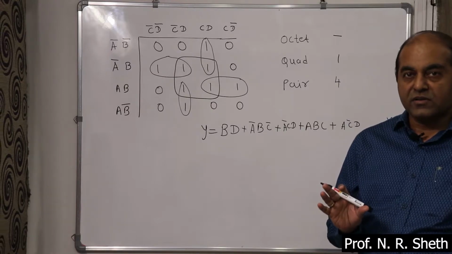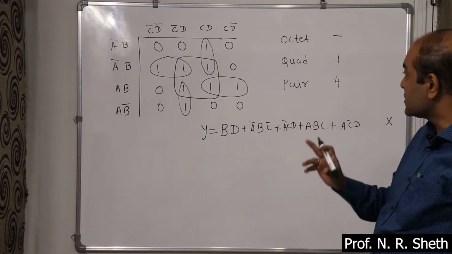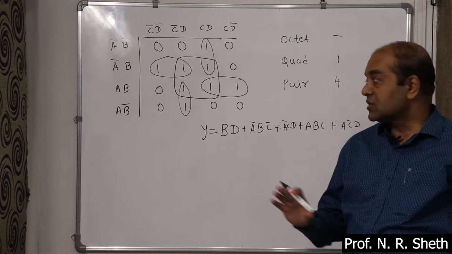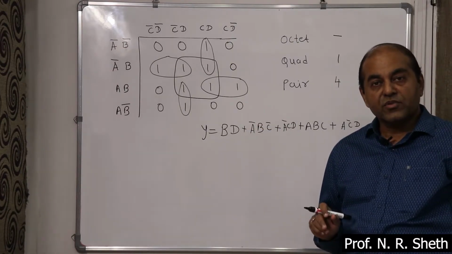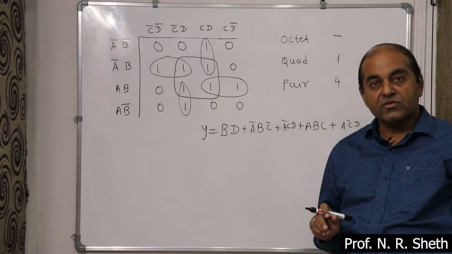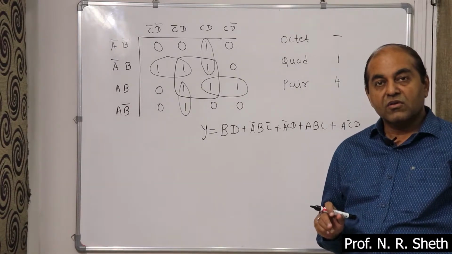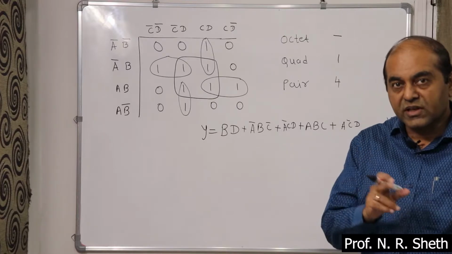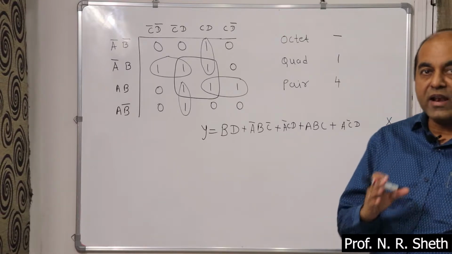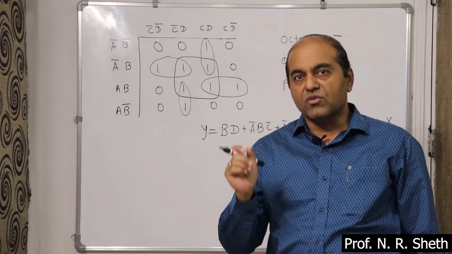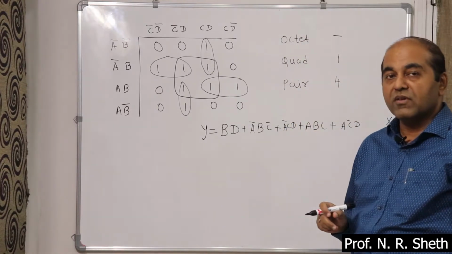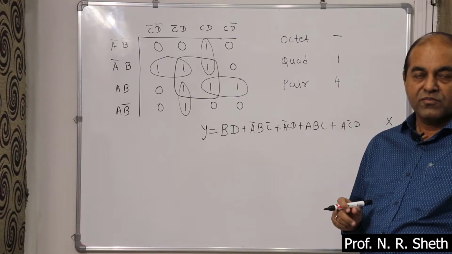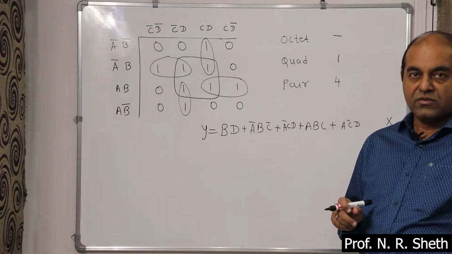You have not thought about the 6th one, that after completing the encircling process, you have to focus on the 6th property, that is to eliminate redundant group, unwanted group. And in this figure, we have one unwanted group. Find out.